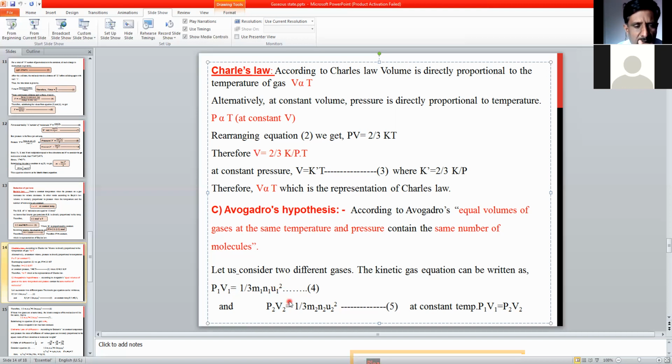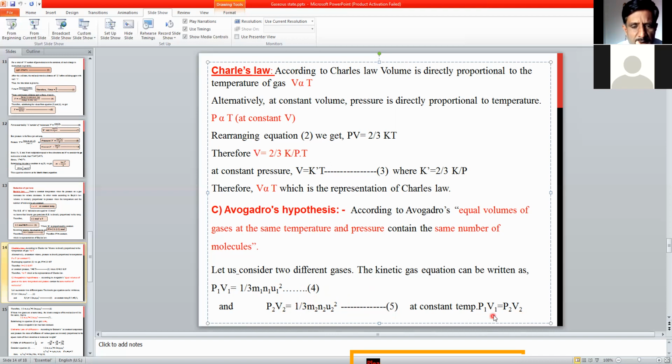Similarly, we can write the same equation for gas number 2, that is P2 V2 is equal to 1 upon 3 m2 N2 u2 square. This is equation number 4, and the other is equation number 5. I am representing the kinetic gas equation here at constant temperature.